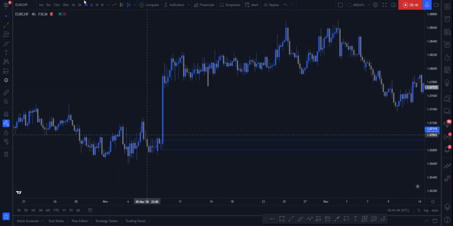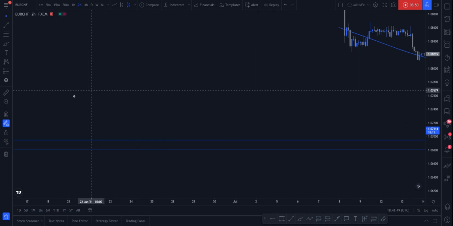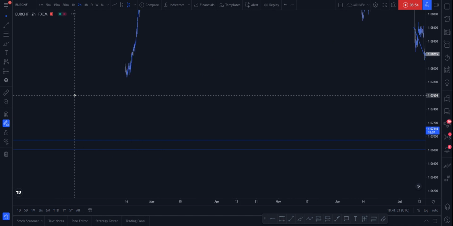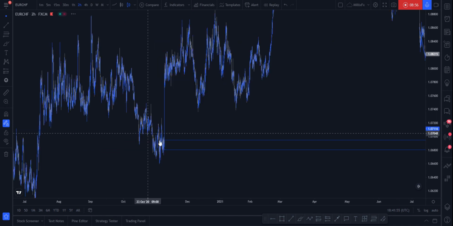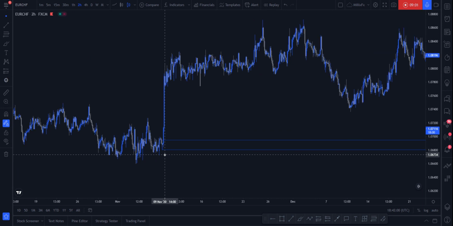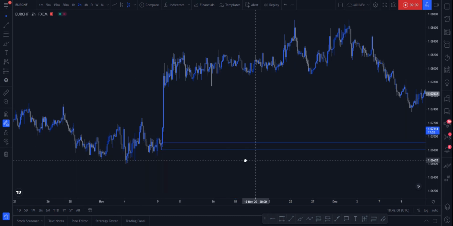So let's go to the 2 hour time frame. On the 2 hour time frame, we have this nice move. Now we have refined our entry to this 2 hour time frame.